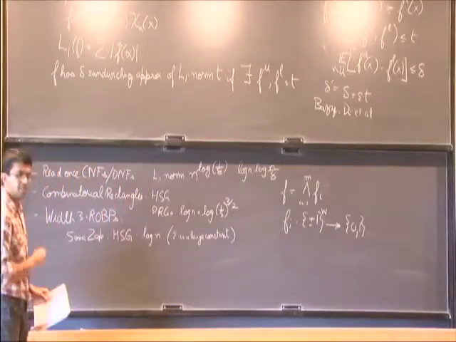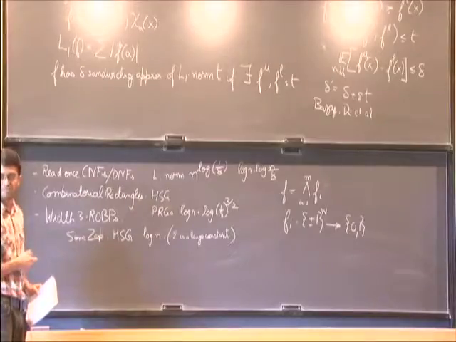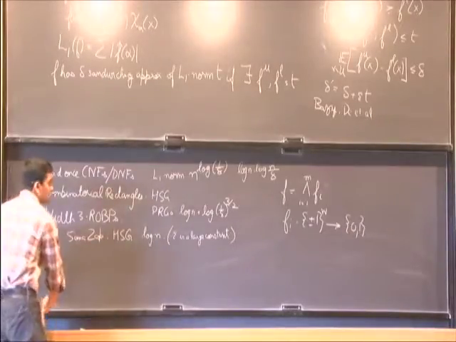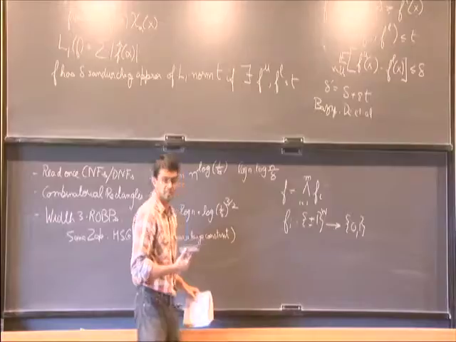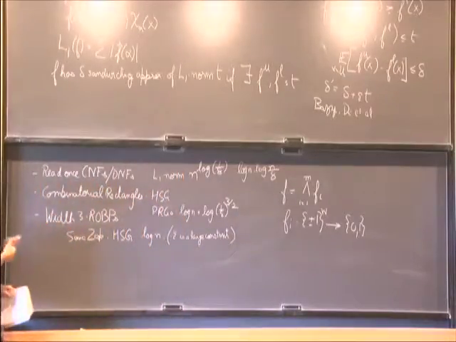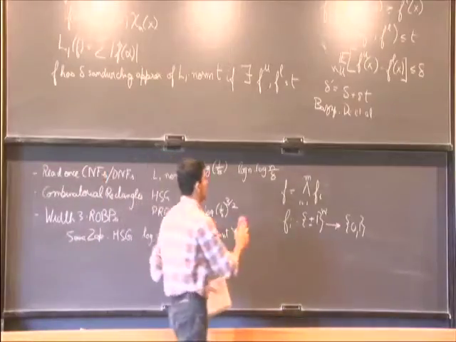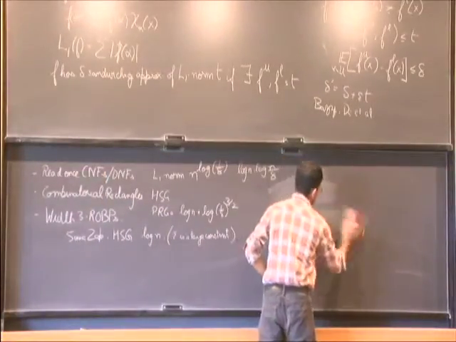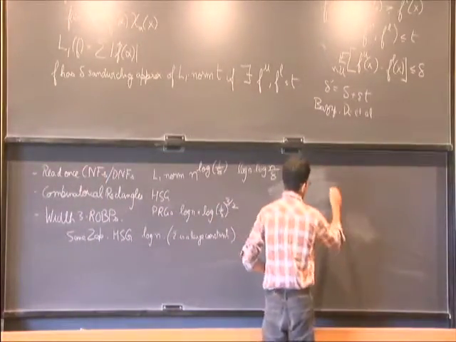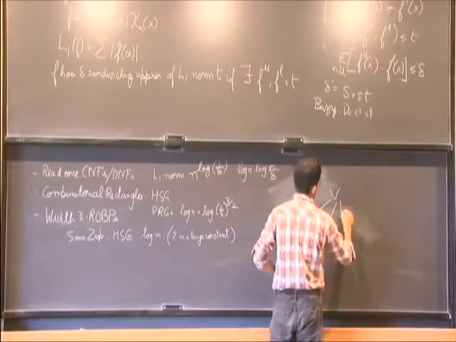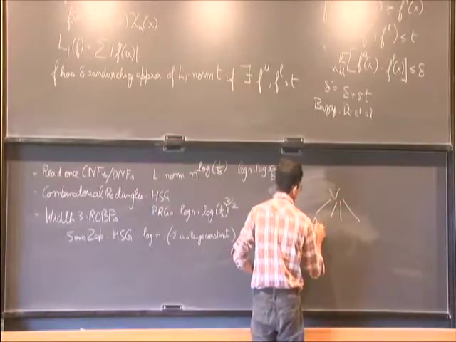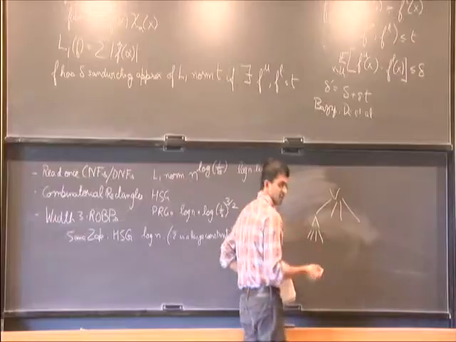Now, why does epsilon bias not fool any of these classes of functions? The culprit really is just the tribes function, which happens to be a common subproblem of all these classes. So let me define the tribes function for you. I'm going to view it as an OR of ANDs. Each of these is an AND of w variables.